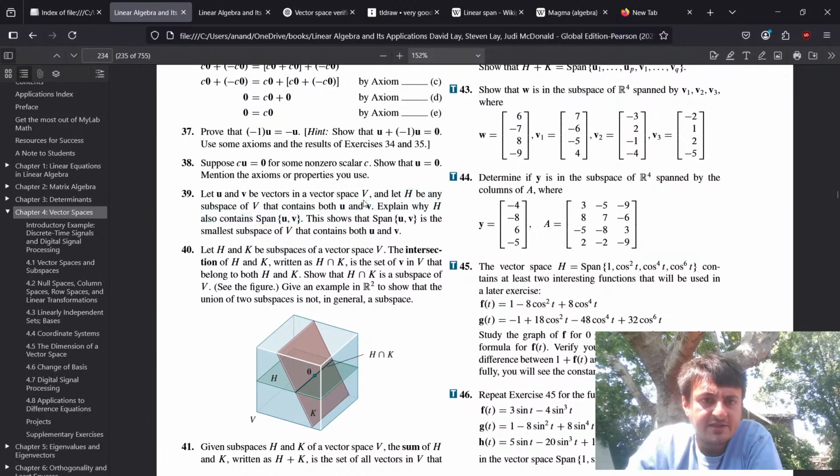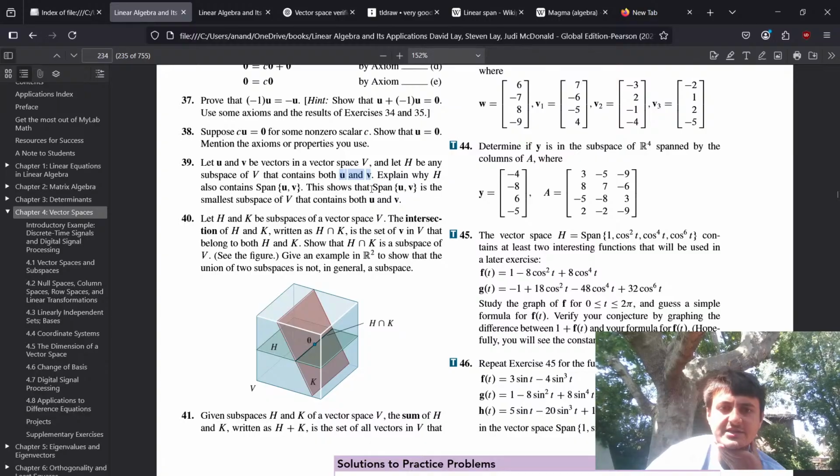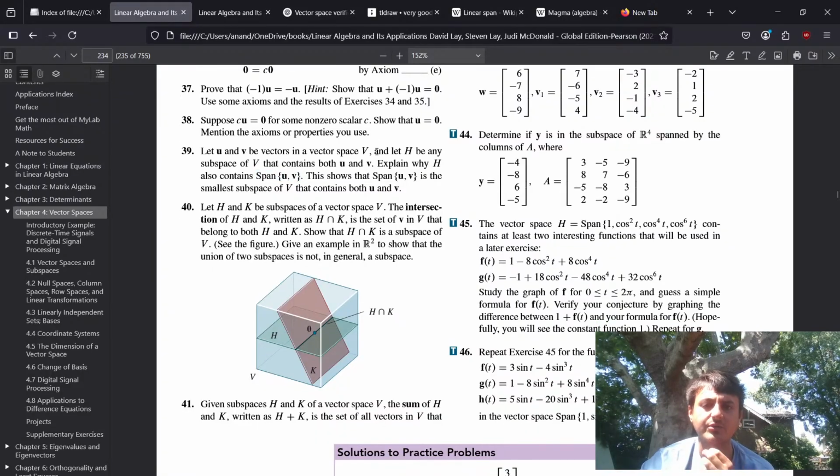So you can take linear combinations of these, and it's still going to be in H. And the definition of linear combinations of U and V is equal to the span. So you can reach anywhere in the span with linear combinations of U and V, which exist and are closed in the subspace H. This shows that span is the smallest subspace that contains both.